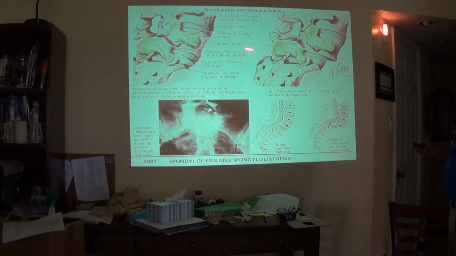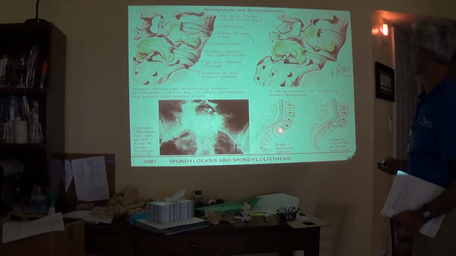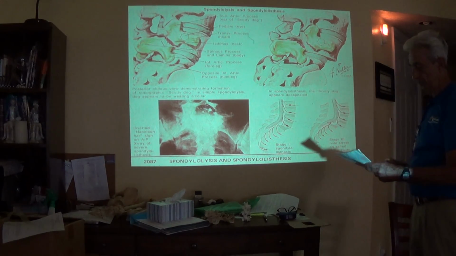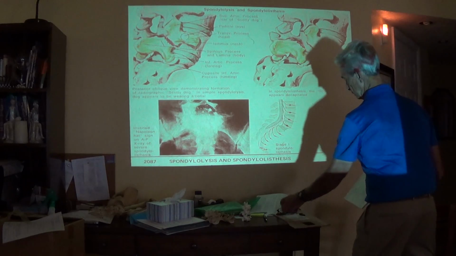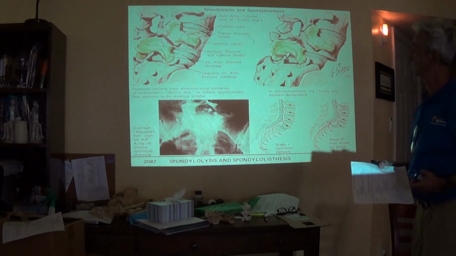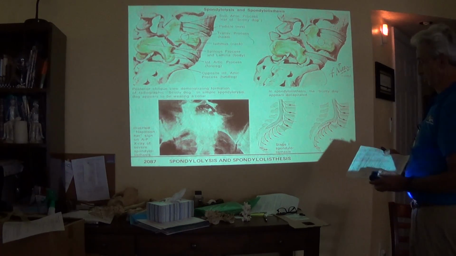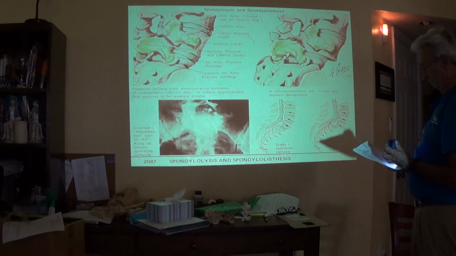So you basically got two issues here. You got a bony issue with the pars interarticularis, and then you have a soft disc problem here dealing with the cement substance between the two vertebral bodies. So that's the first bony problem that we're going to talk about.